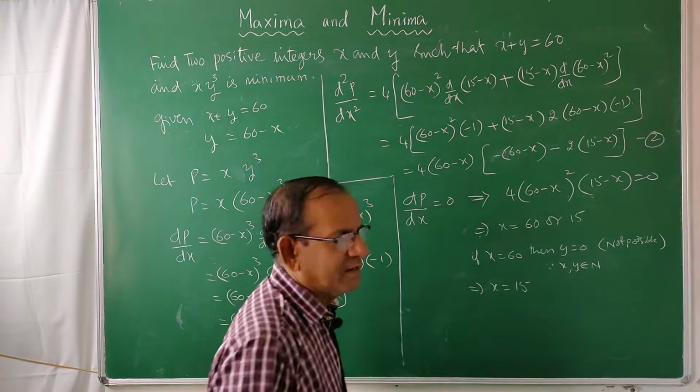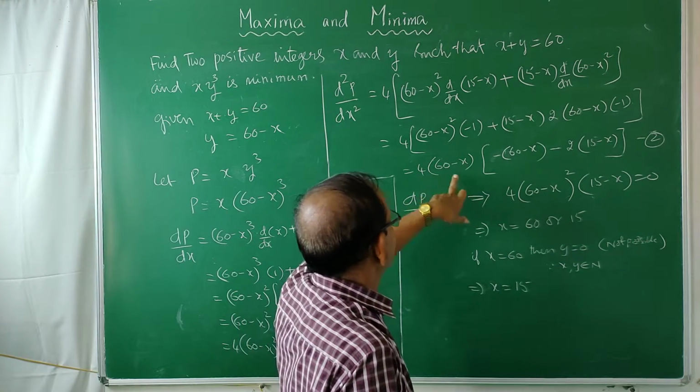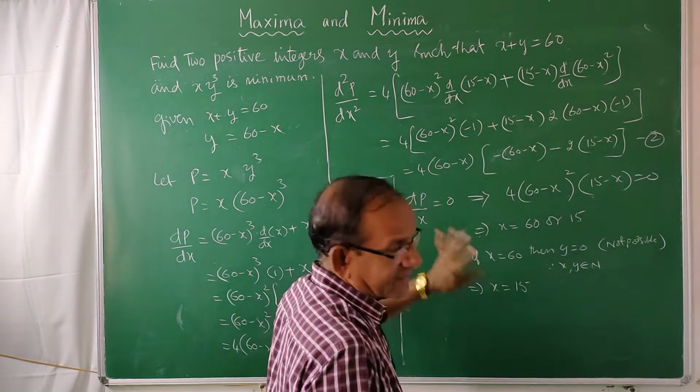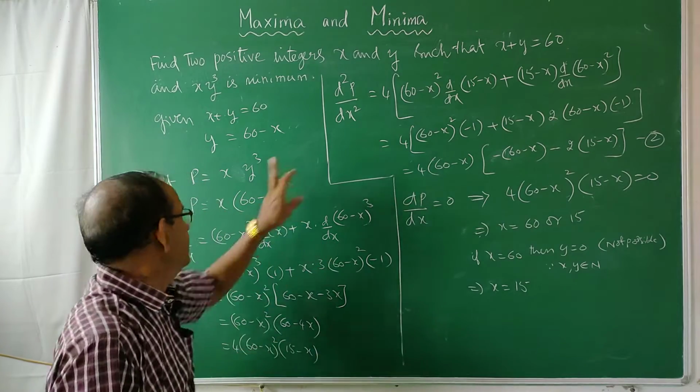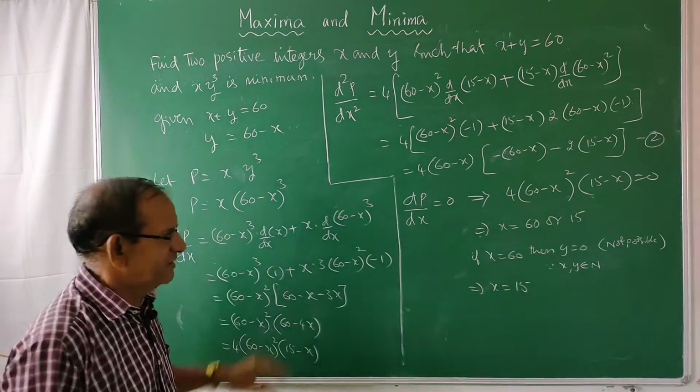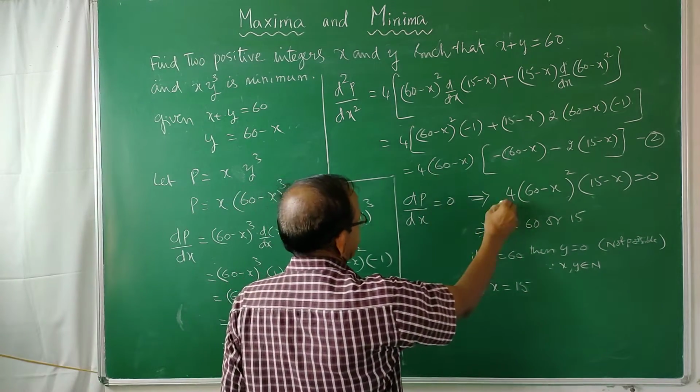Now what about y? When x is equal to 15, p is maximum or minimum, we have to verify. Substitute x is equal to 15 in the second derivative.